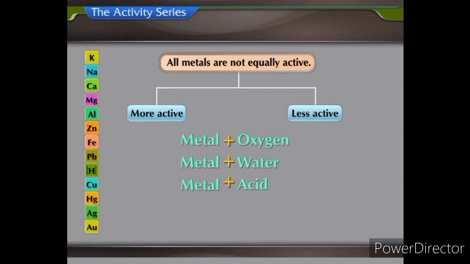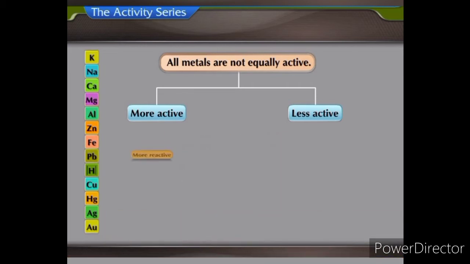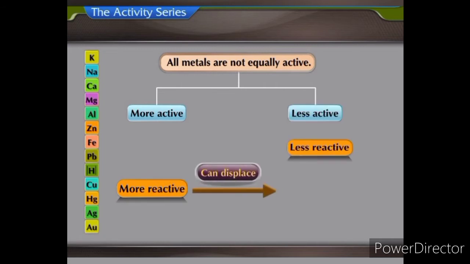Activity of metals is compared with oxygen, water, and acid. As all elements do not react with these reagents, substitution reactions are used to measure activity of metals. More reactive metals can displace less reactive metals from their salt solution.